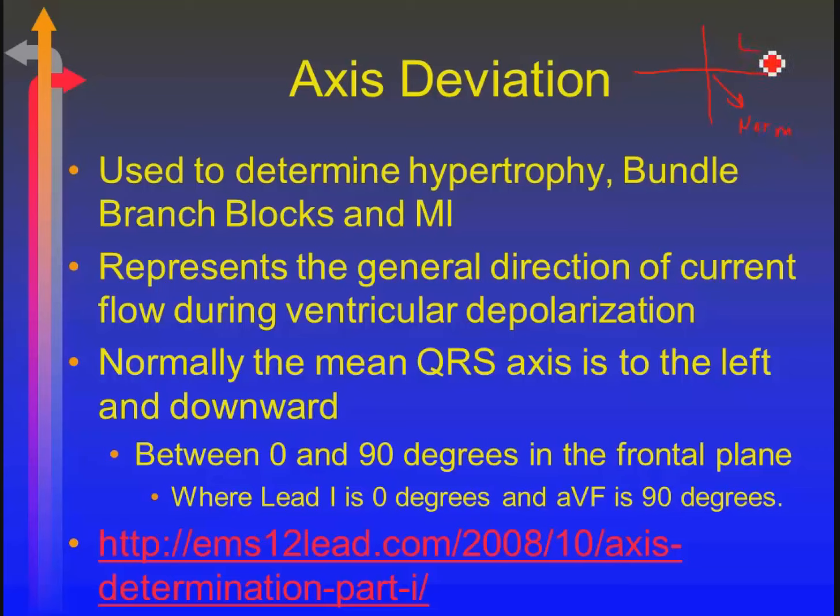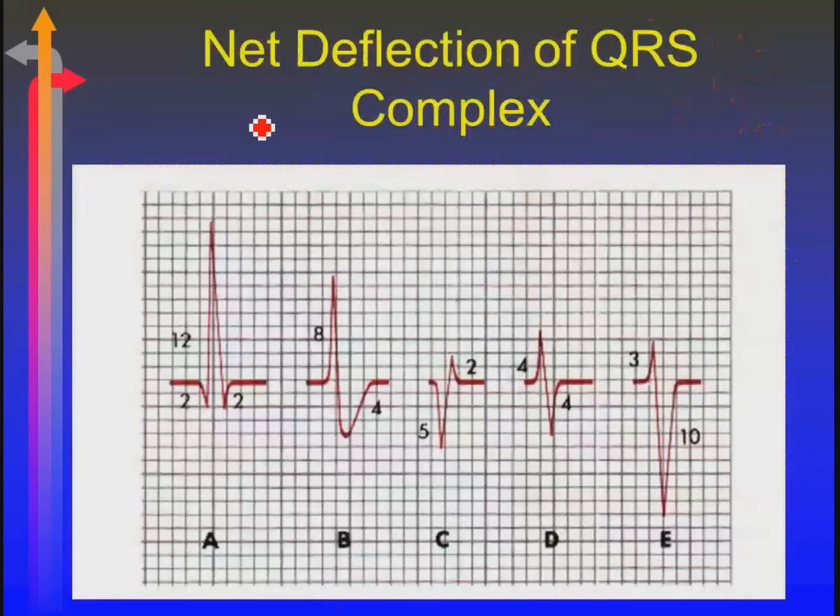We're to consider anything that's up there to be left, anything down here to be right, and this to be indeterminate. Okay? Vaguely remember this? I'm not a big fan of saying, well, this is a 62 degree deviation. I don't care. Tell me which quadrant it's in.